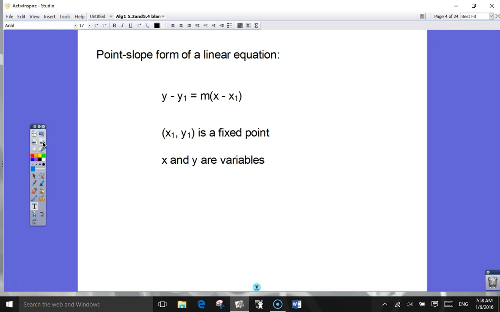And looking at that form, you can kind of understand where the name comes from. Because what's in it? 1 point and the slope. Point slope form. Or the other way around, if somebody tells you the name of it, it should tell you what you should be looking for in the equation: a point, and the slope.